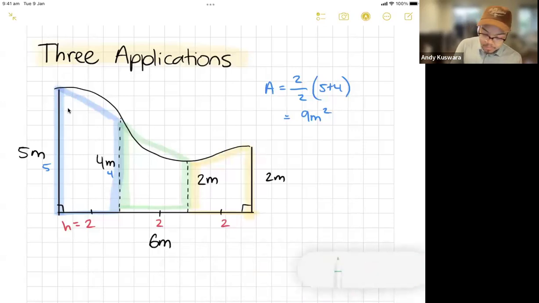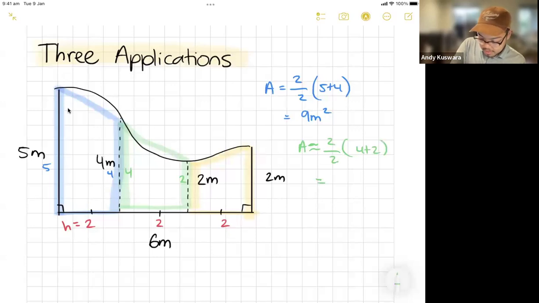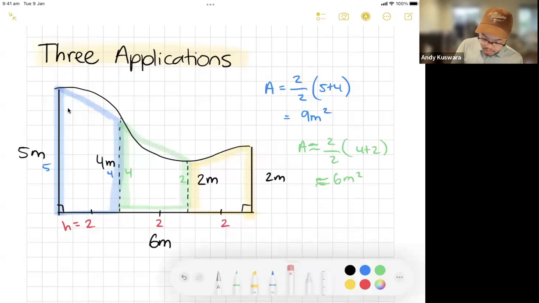For the second one, you've got A, I should keep writing these as squiggles. The first height is 4, the second height is 2. So again, it's going to be 2 on 2, 4 plus 2, which will be 6 meters squared approximately. And for your last one, I apologize for the writing in yellow.